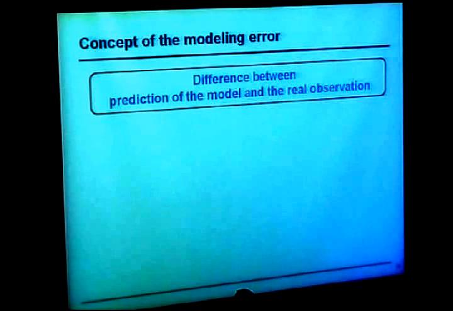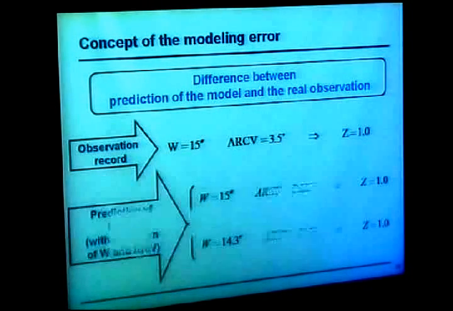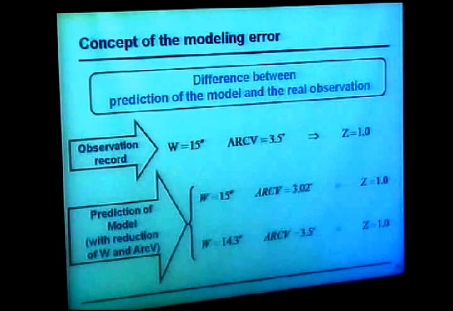Concept, okay, one moment. Concept of the modeling error: we have observation record W equal to 15 seconds, and arc of V equal to 3.5 degrees, and Z equal to 1.